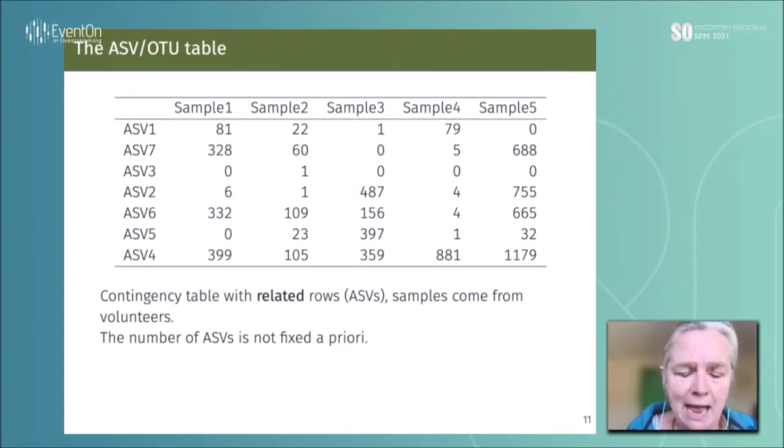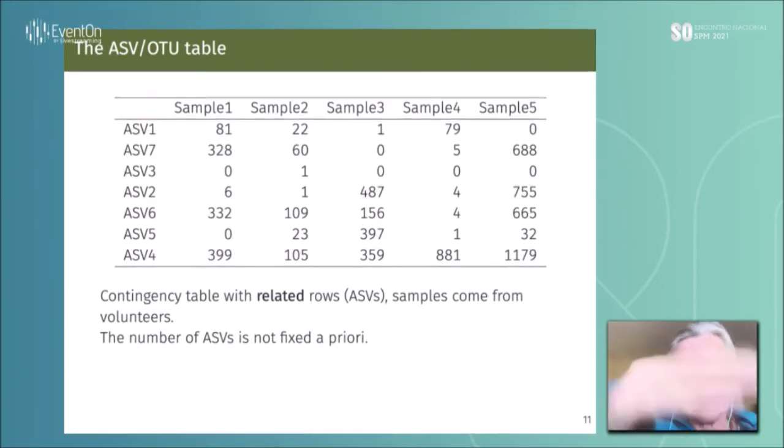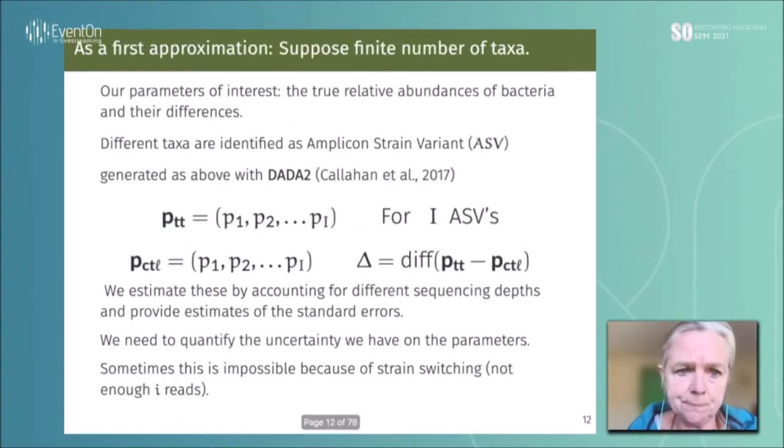If we look at the sums of the columns, in sample 1 we'll have a very different number of reads than in the column sample 2. So that difficulty is what brings about the heteroscedasticity. That is, we don't know the estimates with equal variance. The number of ASVs themselves is not fixed a priori, so they can be infinite. The number of samples is finite.